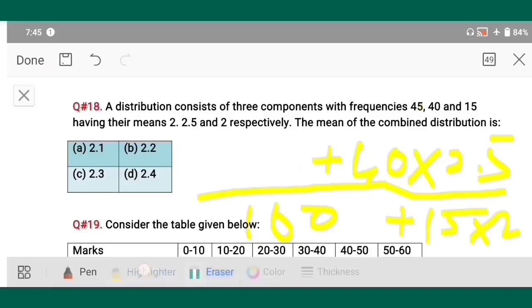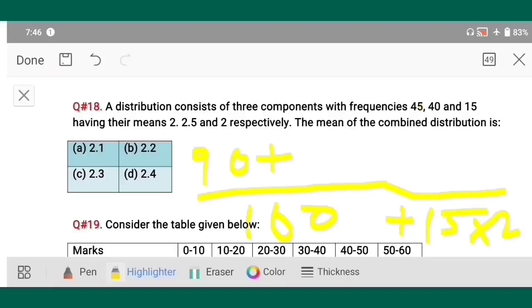So 45 times 2 gives 90, and 40 times 2.5 gives 80 plus 20, 100, and 15 times 2 gives 30.